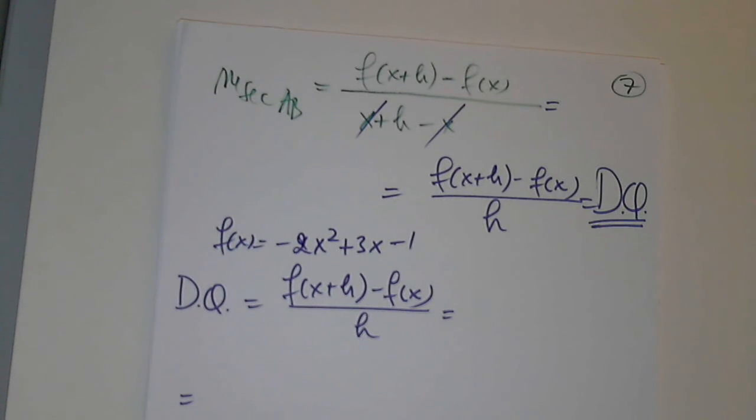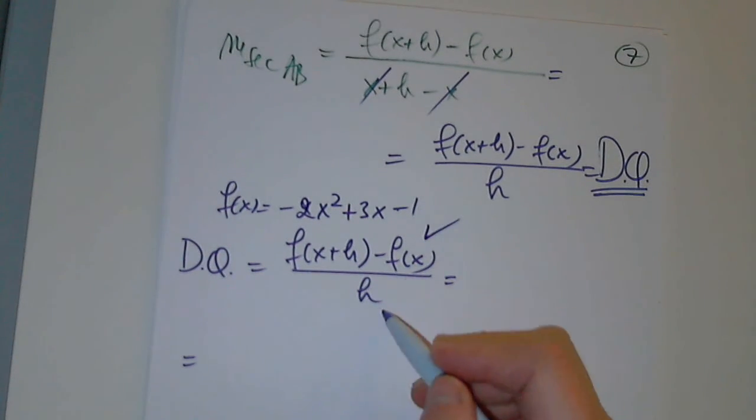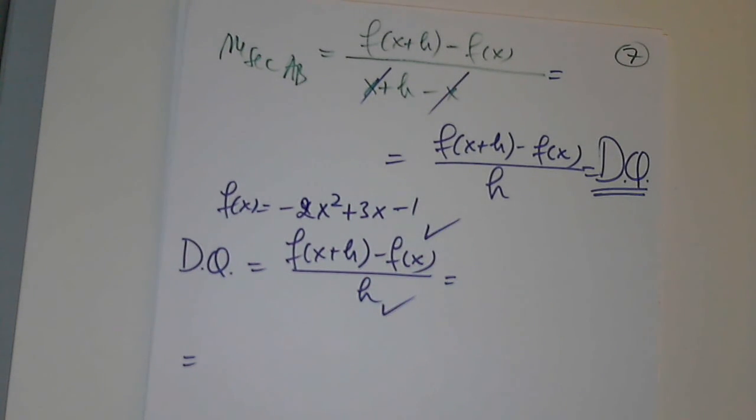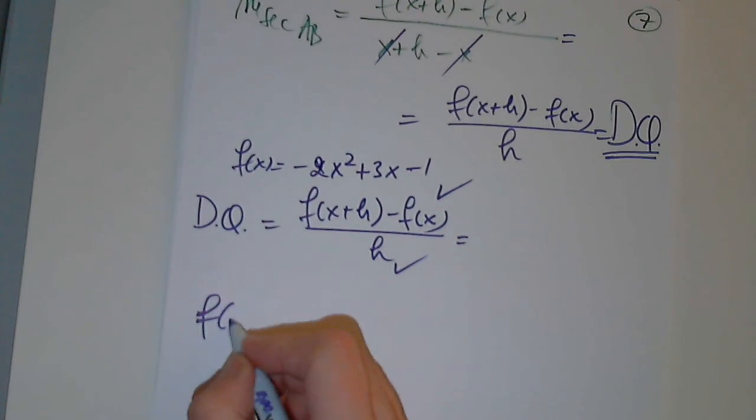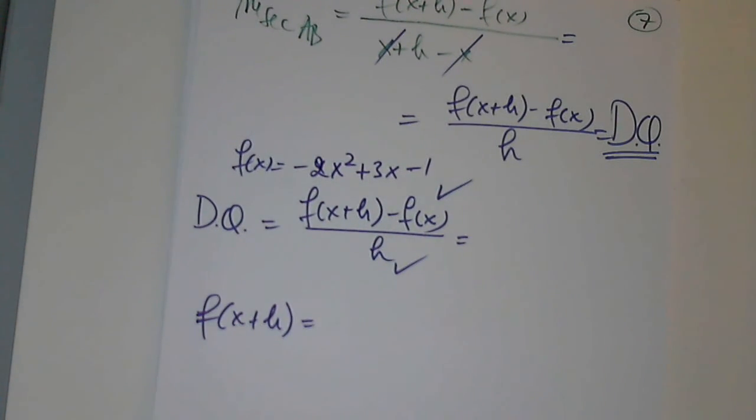It's a tiny number. Whatever you give me, it's fine. I can determine that. But then we have to work on f of x plus h. Of course, I don't have it. This is done. I can't do anything to those 2 quantities, but f of x plus h I don't have. So I'm going to continue with f of x plus h here. We are looking at the function. We see the pattern. And now you will tell me what to write.